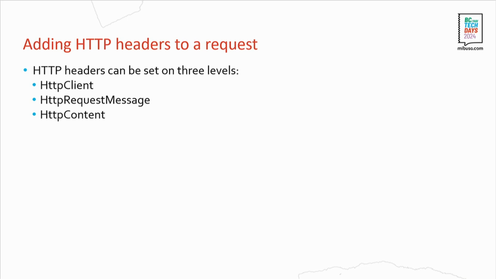Because if you are using get and post, then you are not using HTTP request message. So you're not able to set headers on the request itself. You can only set them on the client or on the content in that case. But if you are using the send, then you're also using the HTTP request message, and then you can set them on all 3 levels.